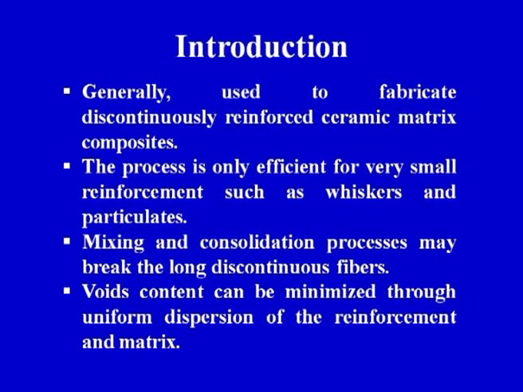Let us see the basics of the process. This is generally used to fabricate discontinuously reinforced ceramic matrix composites. If you remember, in case of ceramic matrix composite, the matrix is a ceramic and the reinforcement can have three subcategories: based on the shape of the reinforcement, based on the orientation of the reinforcement, and finally based on the chemical nature of the reinforcement.